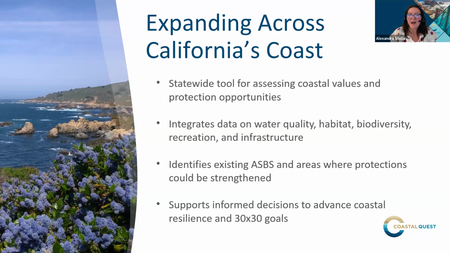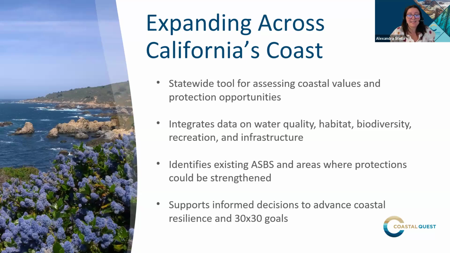Thank you. Together, we hope these tools and these layers can help users develop a more complete picture of coastal areas that may benefit from additional protection. Additionally, we're hoping that you can use the tool to identify areas of special biological significance that already exist and explore locations where new or strengthened protections may be appropriate.